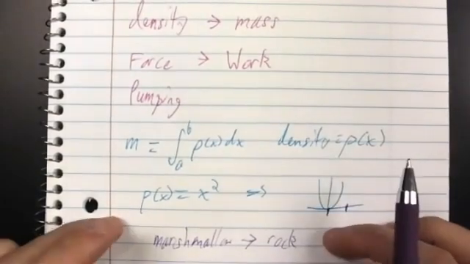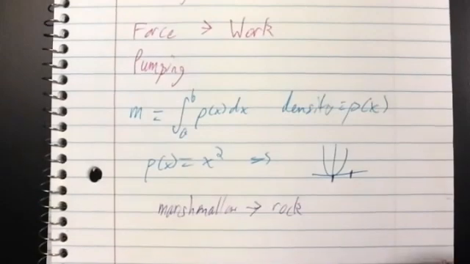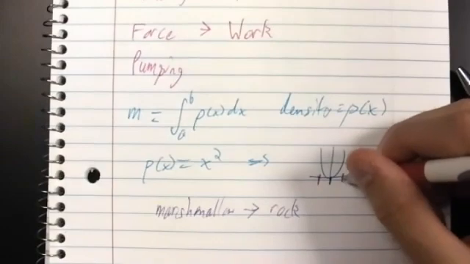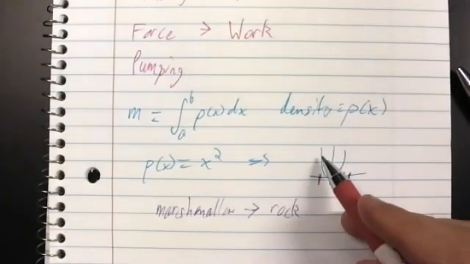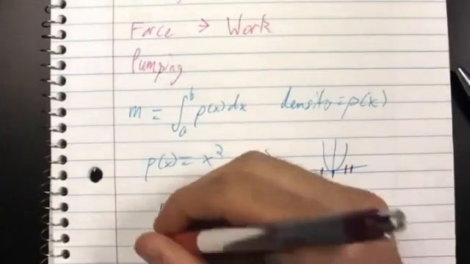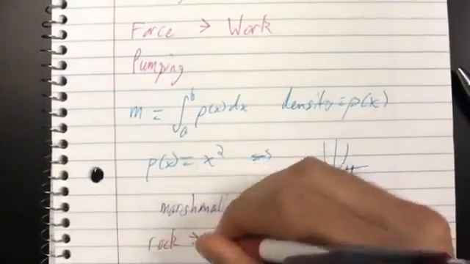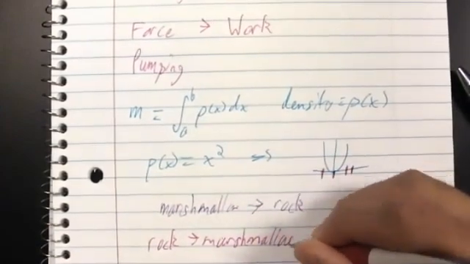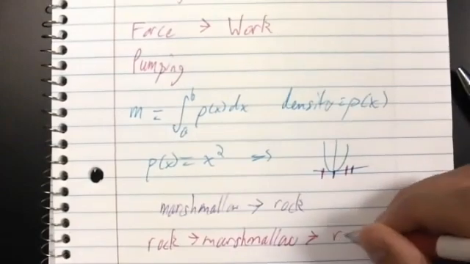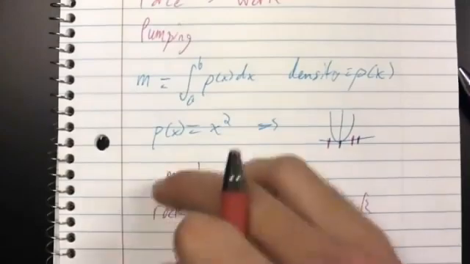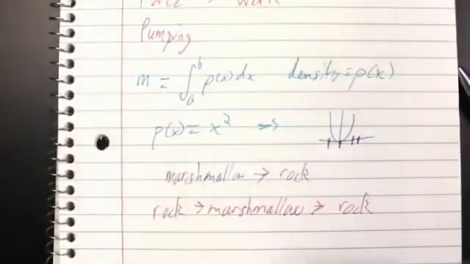So try to picture an object that changes like that. Whereas if we were only dealing with the interval from here to here in red, that goes from a high density to a low density to a high one again. So that would be more like rock, marshmallow, rock. So that's how I like to think of how densities might look different in objects as you go between intervals.